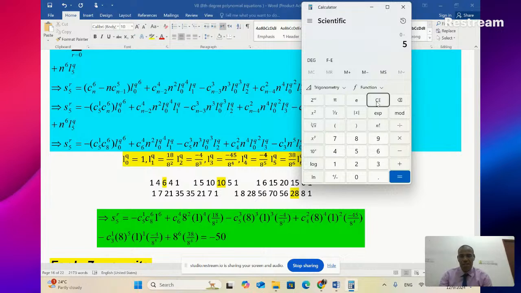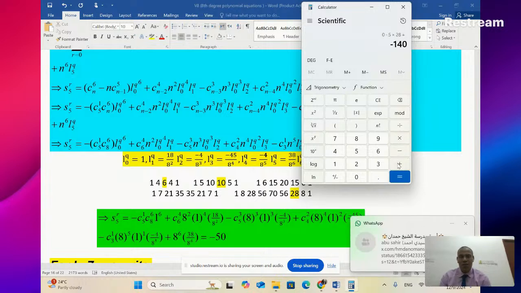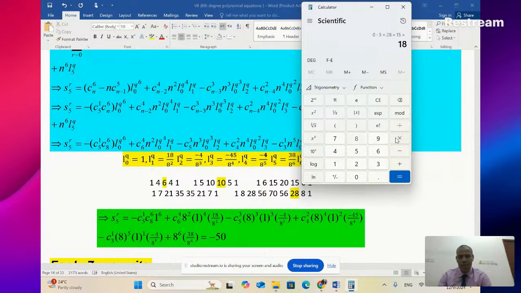I'll just write negative 5 times 28. We'll multiply by 1, plus 6 choose 4. 6 choose 4, learners, this is 1, 2, 3, 4, is 15. I will just write plus 15 multiply by 1.